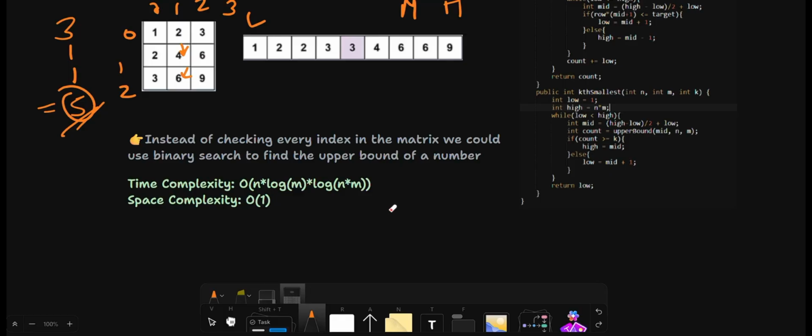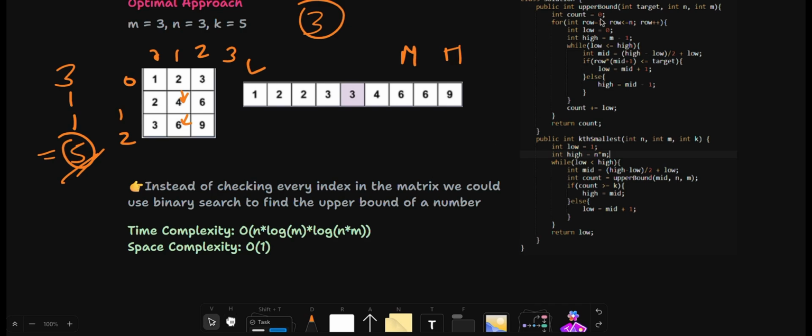This is log(n·m) because we are going through 1 to n cross m, and this particular piece of code is row wise, so number of rows are n, so it's n cross log m. So n log m times log(n·m), and the space complexity is O(1). So instead of n cross m, we are getting n log m, which is much better than n squared.